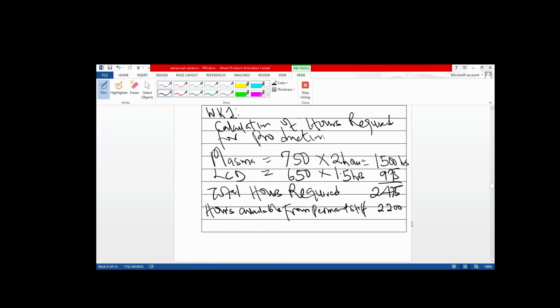The difference is 275 hours. This is the hours the temporary staff need to contribute.